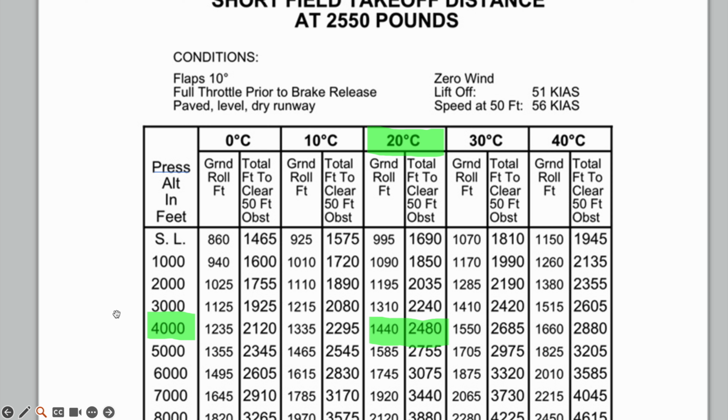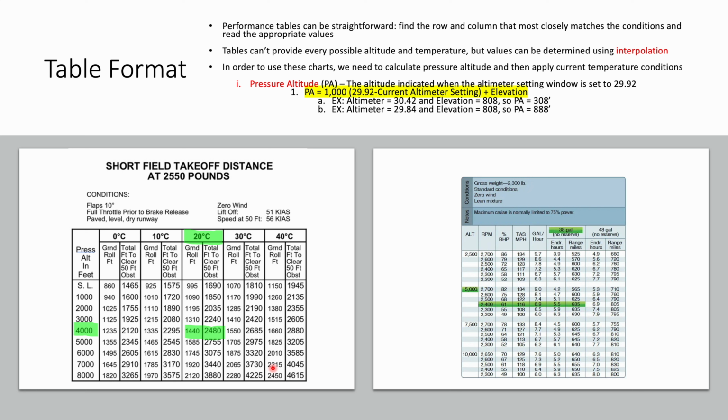So if we were to try to depart a higher altitude, 8,000 feet, on a hot day, it's 2,400 feet ground roll and almost twice that amount for clearing an obstacle. So it kind of gives you a visual that your takeoff performance is much flatter. You're not able to climb at the same angle that you would for like sea level on a cold day. So that's something people don't anticipate, especially if they're departing a high density altitude airport that has obstacles.